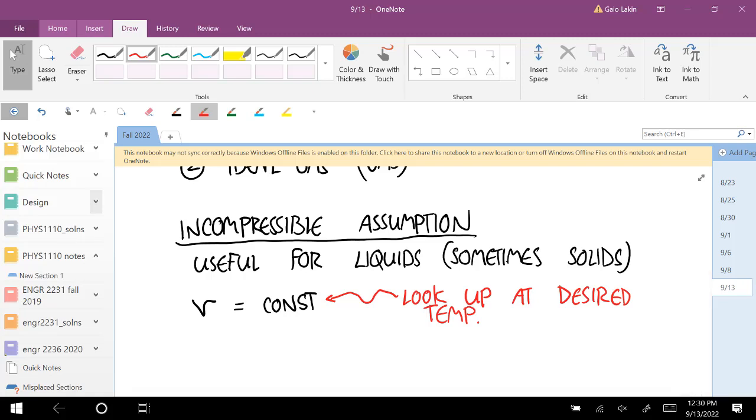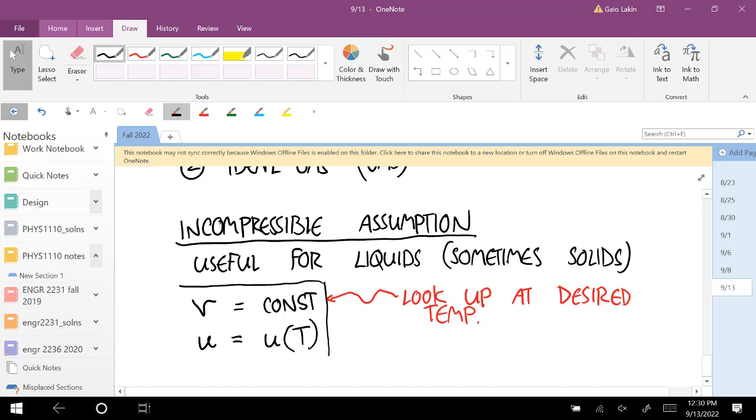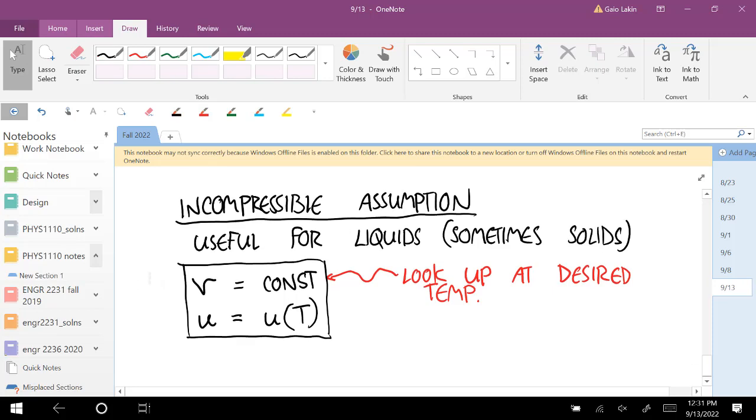It just doesn't vary with temperature very fast. So you want to make sure that you get this value for the right range of temperatures. But once you're in that right range, you can assume that it's constant. And then we're going to assume that the specific internal energy is just a function of temperature. It isn't affected by anything except temperature. Okay, so that's the starting assumption.